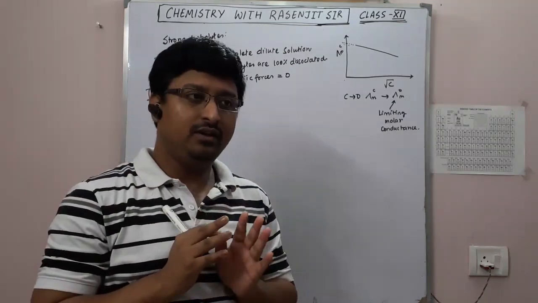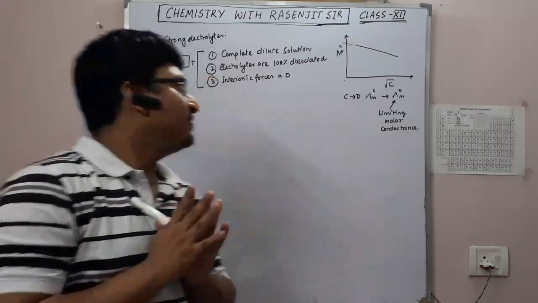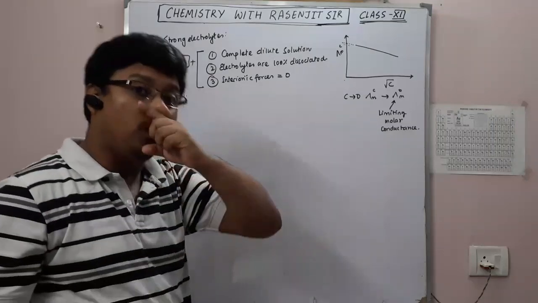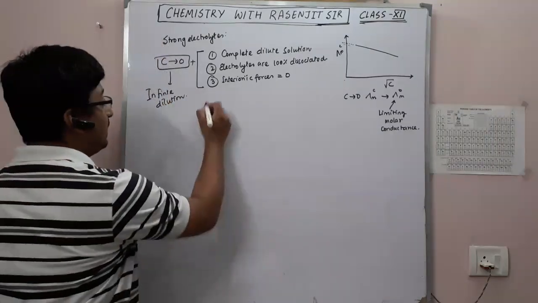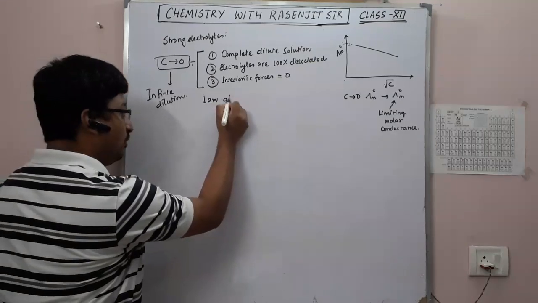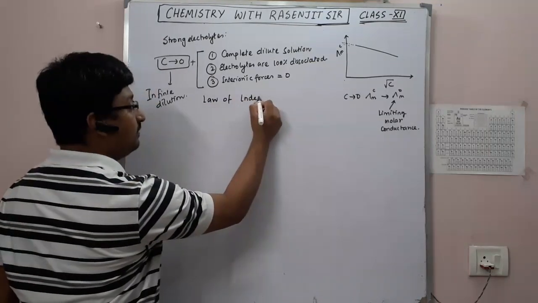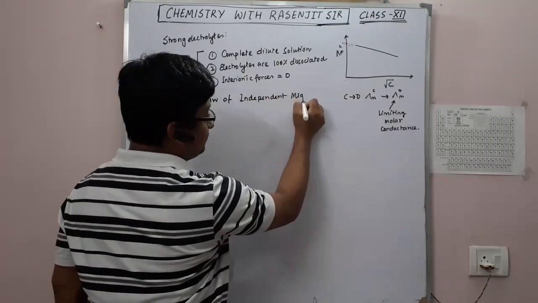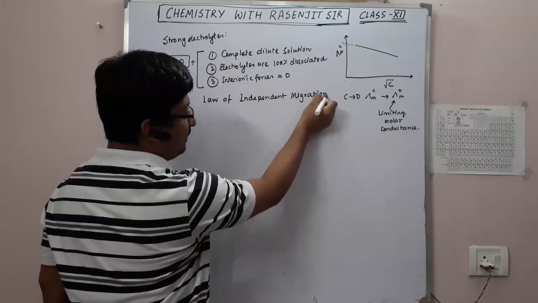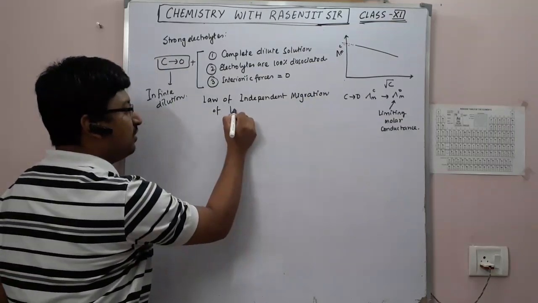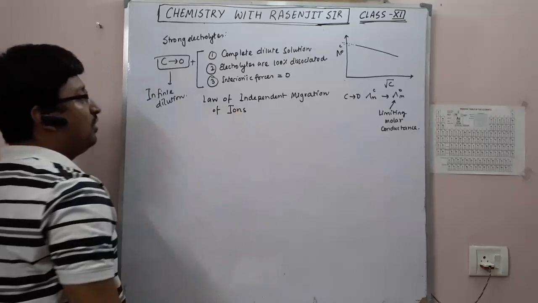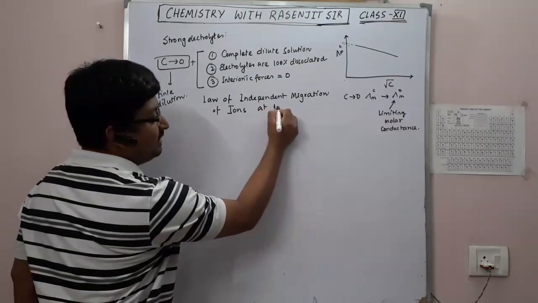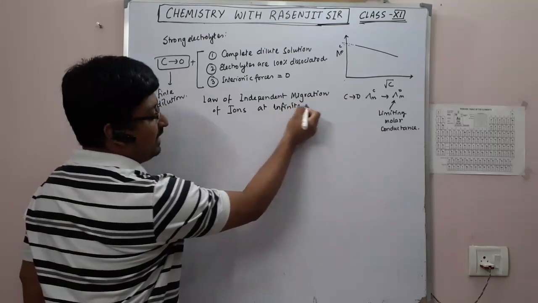Now, Kohlrausch was a scientist who thought about this infinite dilution and he gave a law, and that law is known as the law of independent migration of ions at infinite dilution.